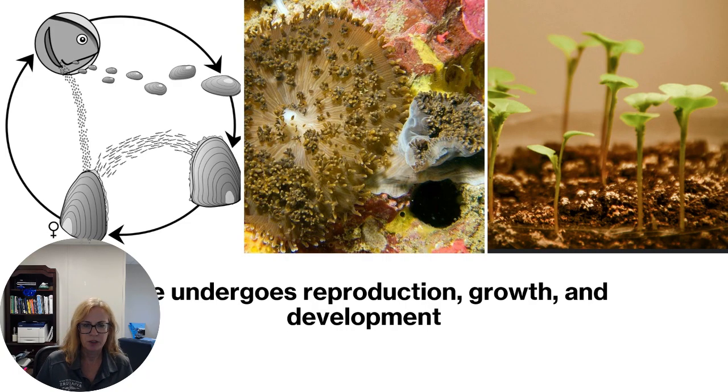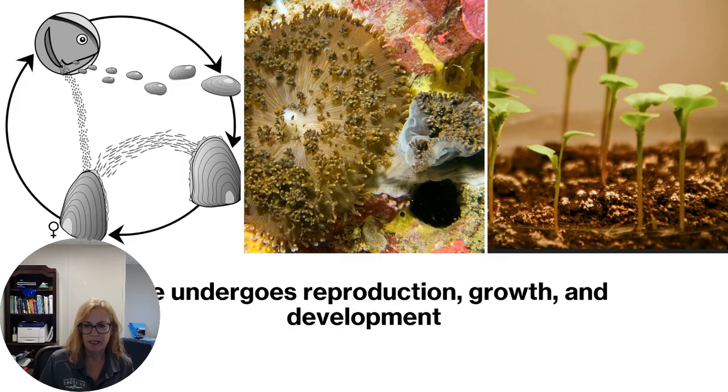So sexual reproduction, asexual reproduction, and then we also have growth and development. Growth happens at a couple different scales. An individual cell, when it first differentiates, will be small. So you have individual cell growth, which is just the cell getting larger until it reaches the maximum size that cells have. But an organism as a whole can also grow, and it does that by cell division.